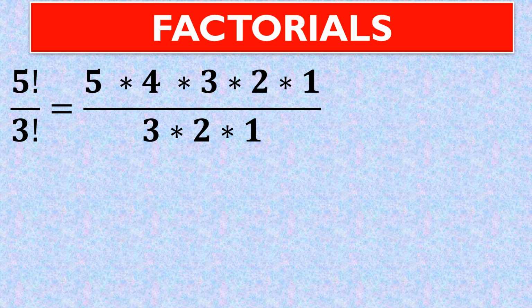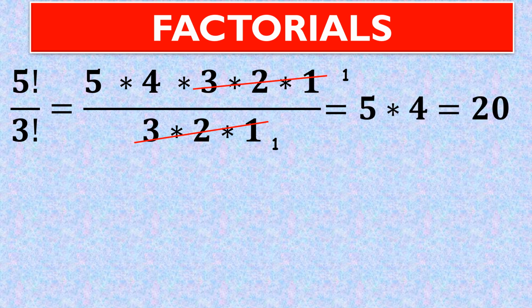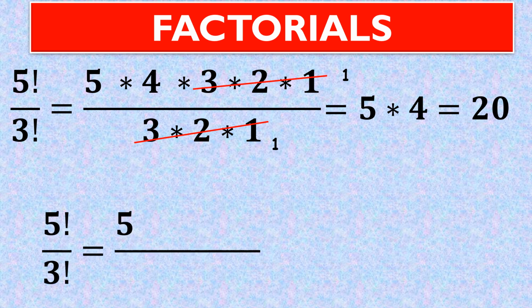So what we're saying in essence is that 3 factorial at the top is also common to the 3 factorial at the base. So this cancels out 1 divided, and then this cancels out 1. So we're left with 5 times 4, which is equals to 20. So this tells you and I that we could simply have expressed the above as 5 factorial divided by 3 factorial will simply be equals to 5 times 4 times 3 factorial, that is the numerator, divided by 3 factorial at the denominator.